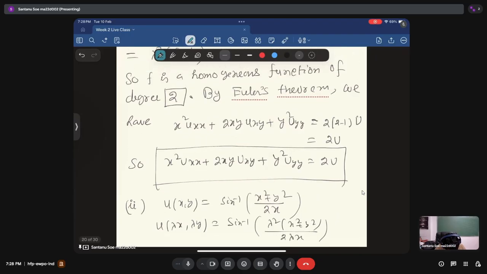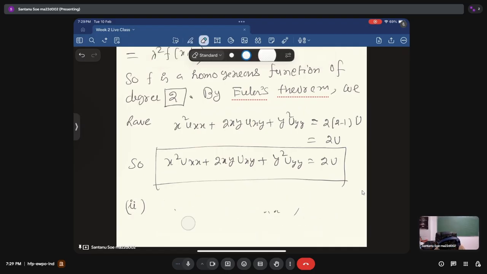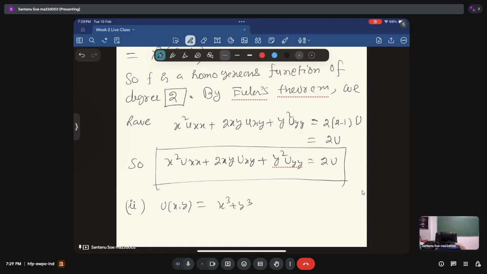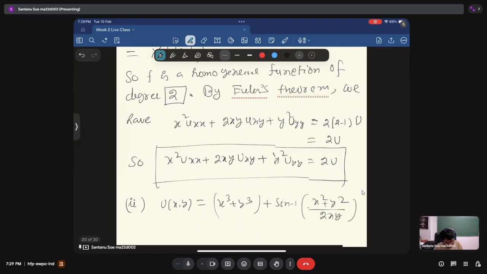Let me just correct it. u of xy equals x cube plus y cube plus sine inverse of x square plus y square by 2xy. Okay.